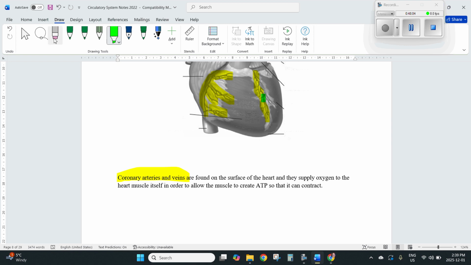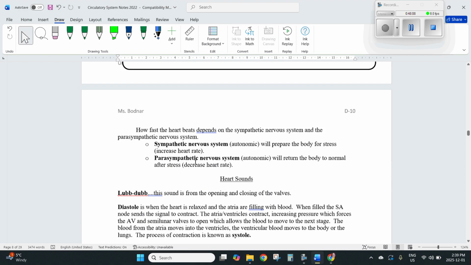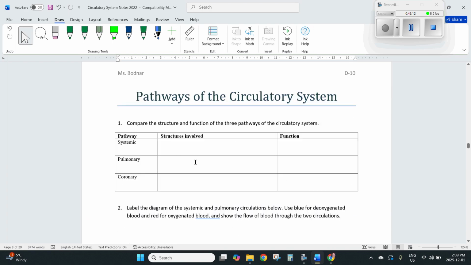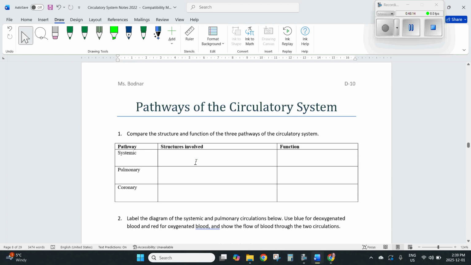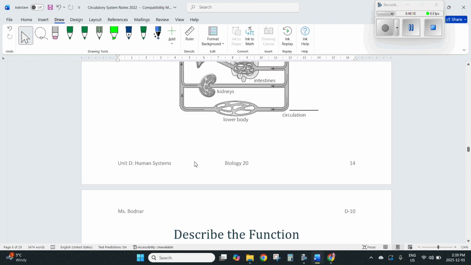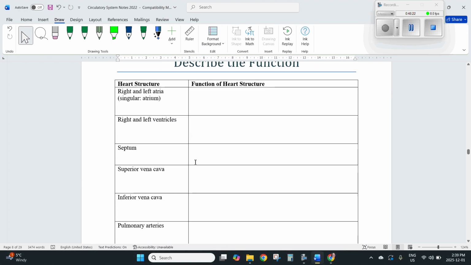Okay, once you have labeled this, what I suggest you do is flip to page 14 in your notes package. So pathways of circulatory system, you can fill out this page. Describe the function. I highly encourage you to do this based on what we talked about in the notes package.